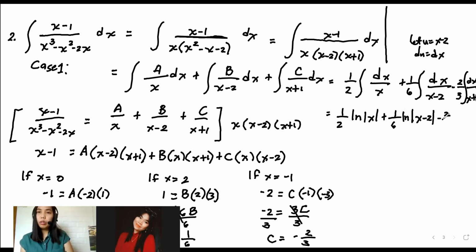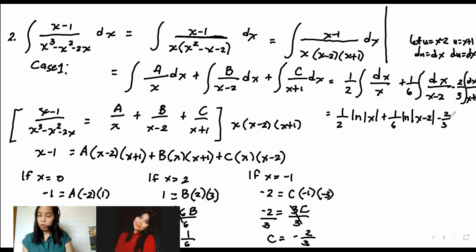Here, minus 2/3. Here, it's just the same. You let u be equal to x plus 1, and the derivative of u is dx. So you will have the integral of du over u, and the integral of du over u is ln u.